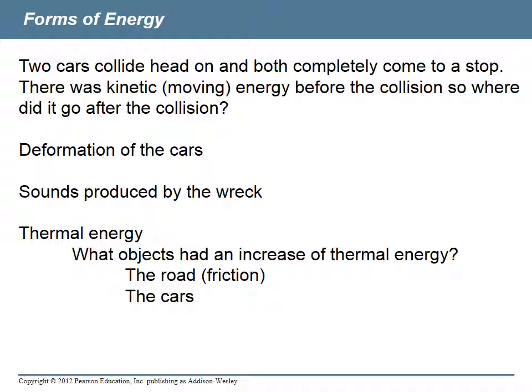And we could also say that the cars themselves, as they bend, that metal becomes warmer, and so there was some thermal energy in the cars as well. So they had kinetic energy, and then it turned into a whole lot of other different forms of energy, but it was all conserved. The total amount of energy after the cars collided is the same amount of energy before they collided.